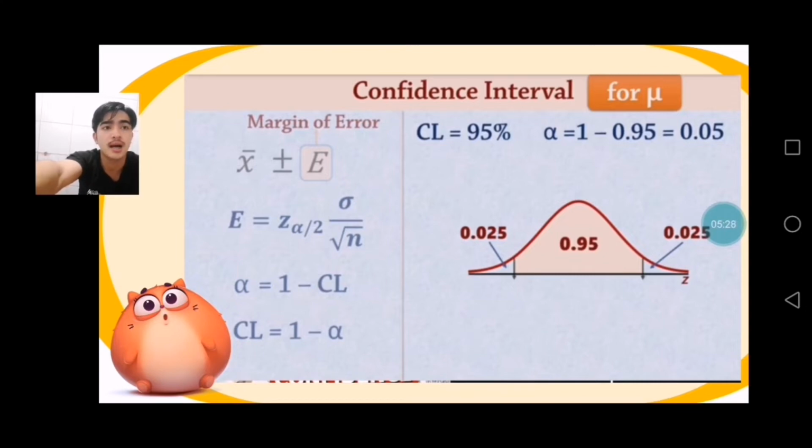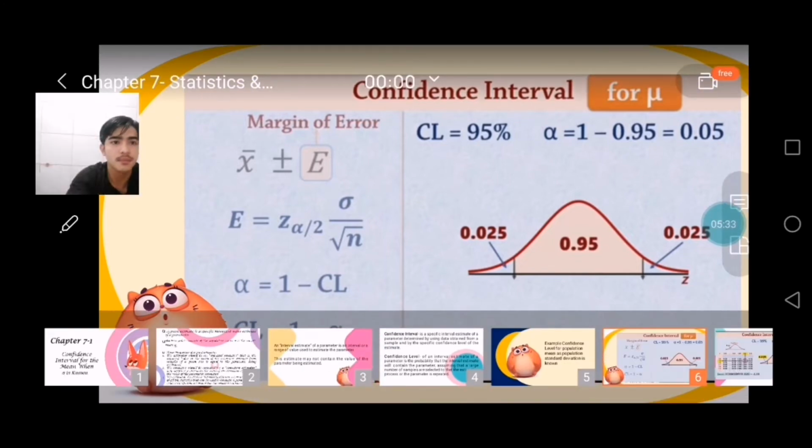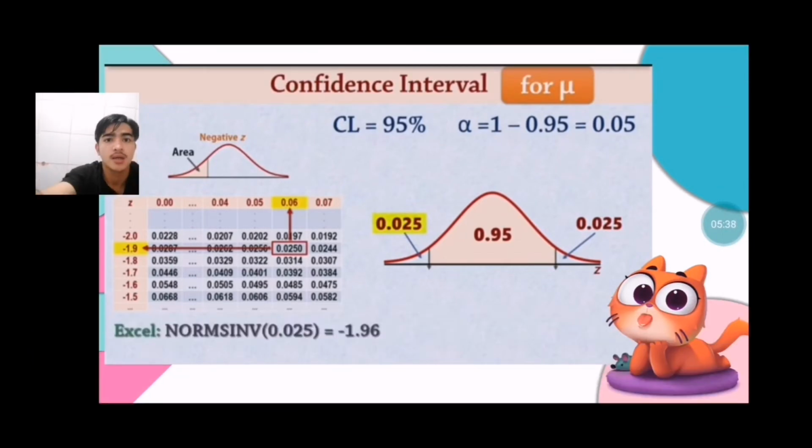In the cumulative standard normal table, 0.025 in the left tail corresponds to a value of negative 1.96.